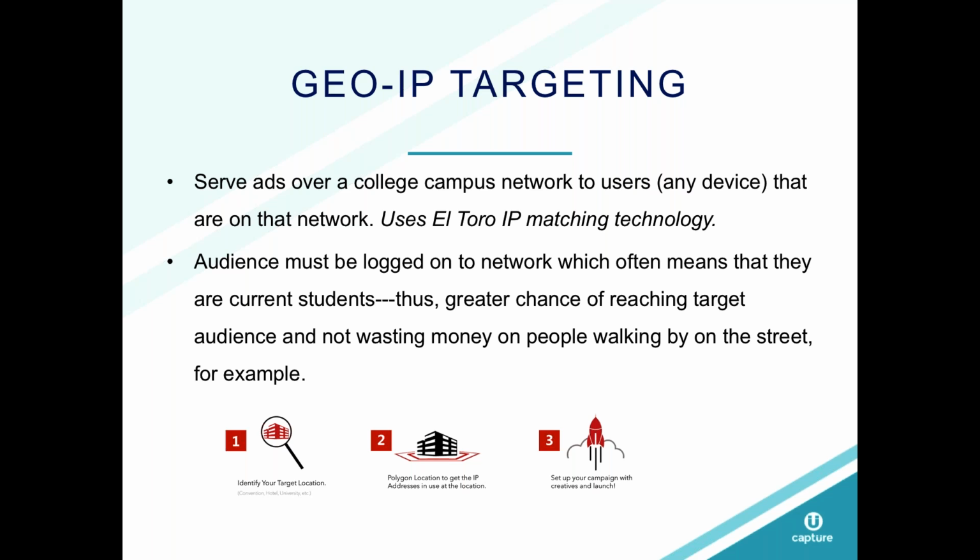I say a college campus here because this is what we mostly use it for, transfer campaigns. So community colleges around your institution or wherever you'd like, you can serve ads, so anyone that's logged into the network on that school, on that campus, can receive ads from your school saying to transfer, etc.